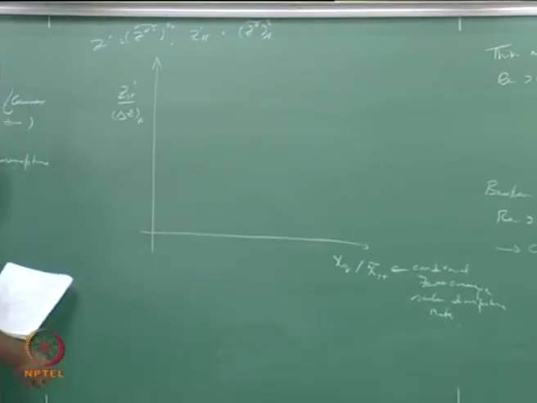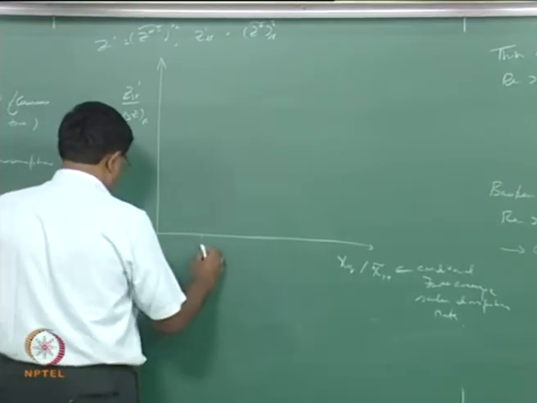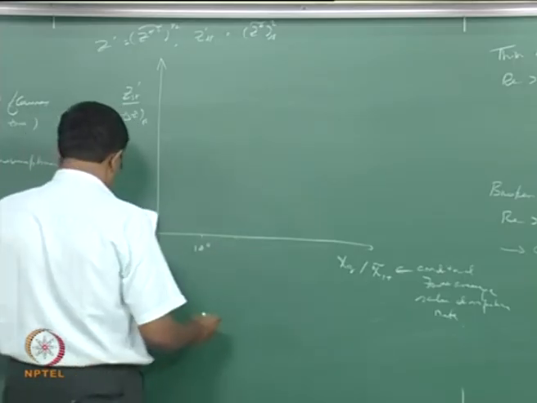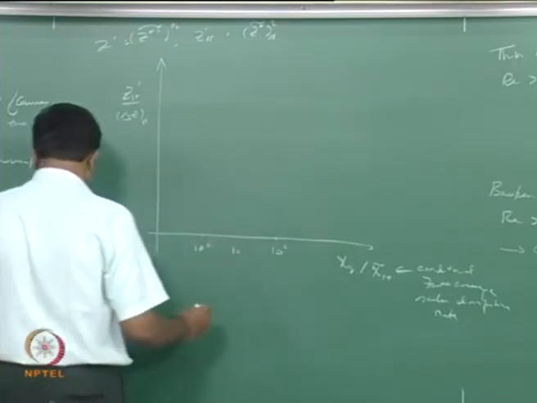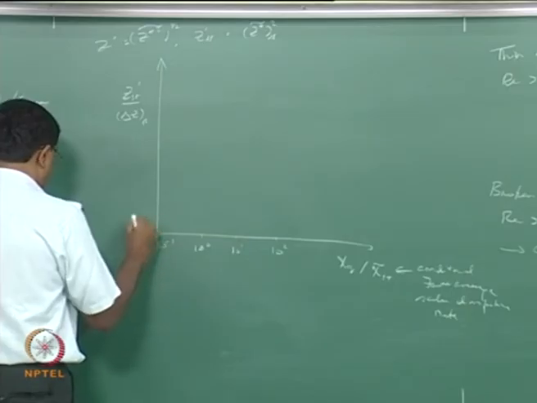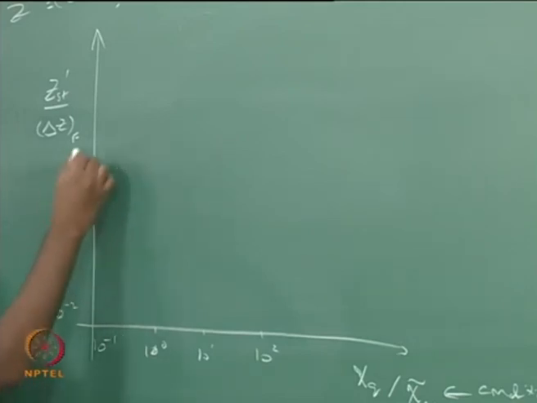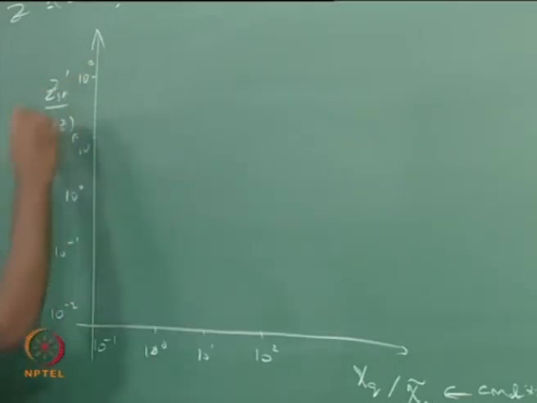Now let's put some numbers here. So we can say 1 or 10 to the 0, 10 to the 1, 10 to the 2, etc. and then this is 10 to the minus 1. We'll start with 10 to the minus 2 on the y axis, 10 to the minus 1, 10 to the 0, 10 and 10 squared and so on.